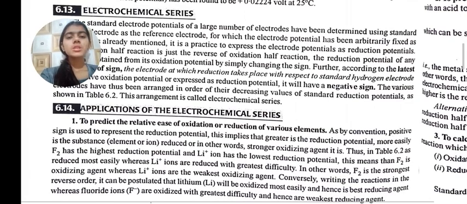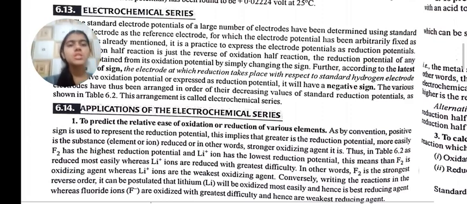First application is to predict the relative ease of oxidation or reduction of various elements. By convention, positive sign is used to represent the reduction potential. This implies that the greater the reduction potential, the more easily the substance is reduced, or in other words, the stronger oxidizing agent it is.